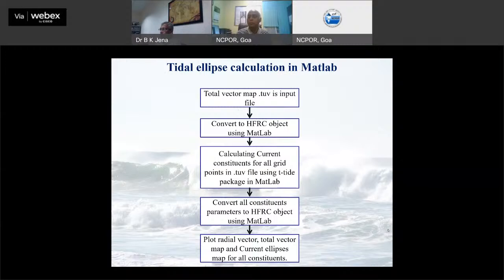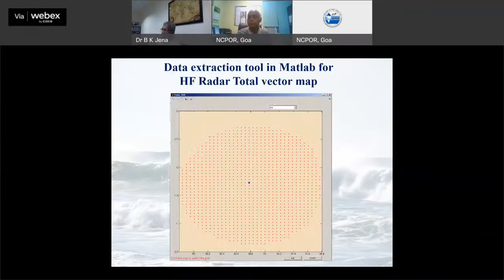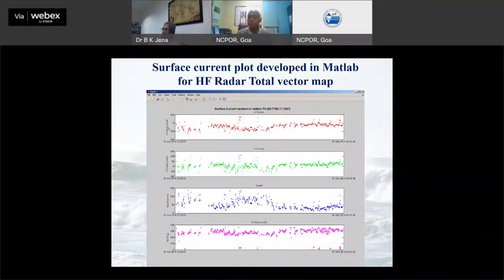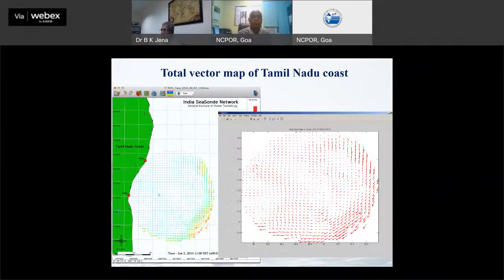We have developed some MATLAB code for extraction of various current, speed, and direction, and all these things like the U component and V component. If any student wants any place, we can extract and give the time series data of current, speed, and direction, and we could reproduce the same thing which we got from the black box software provided by CODAR, and regenerate these ourselves.